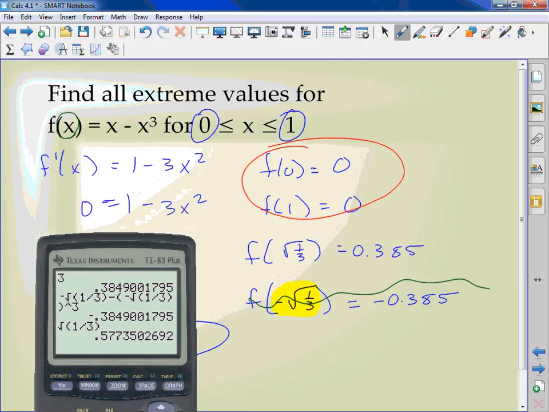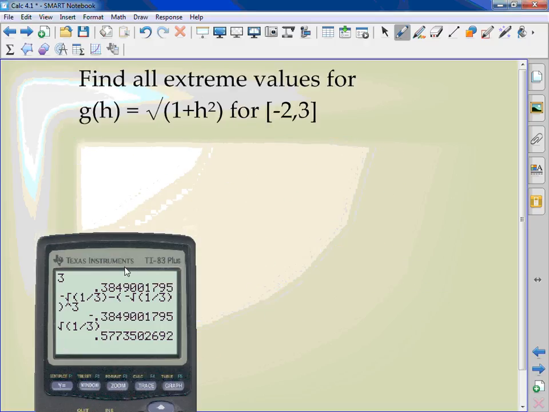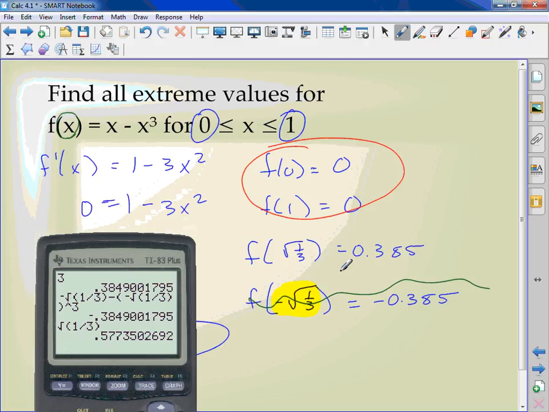Do you understand how to do the max and mins? Doing it with derivatives, not just the calculators. My max was the square root of 1/3. I have mins at 0 and 1.